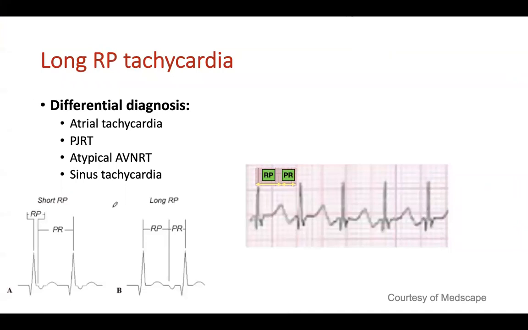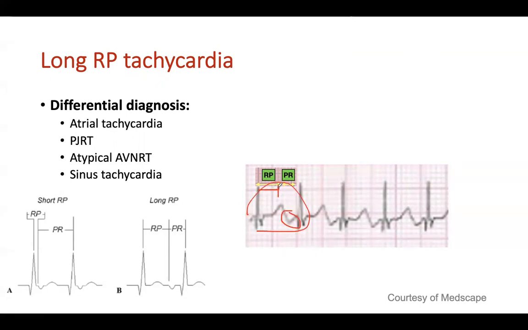Atypical AVNRT, yes. When you see long RP tachycardia, the definition of long RP is that the P wave starts beyond 50% of the RR interval. And this is clear in our same patient. Clearly, the P wave starts beyond 50% of the RR interval, which is probably somewhere here.